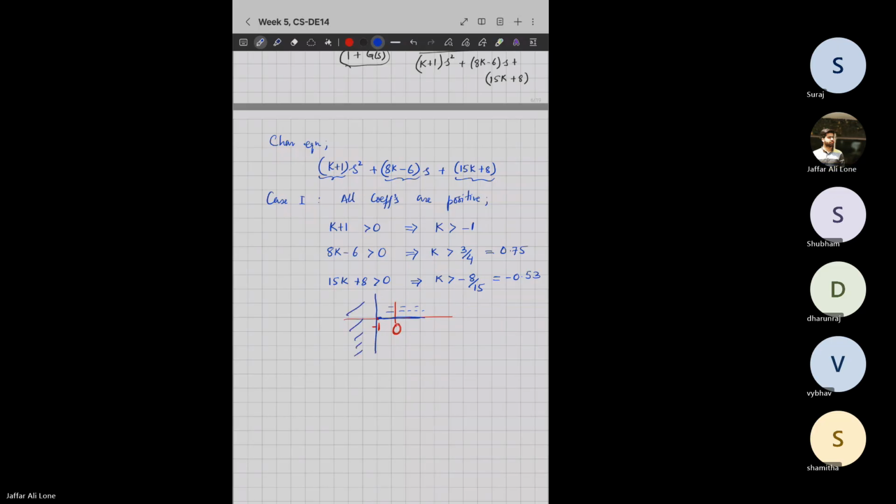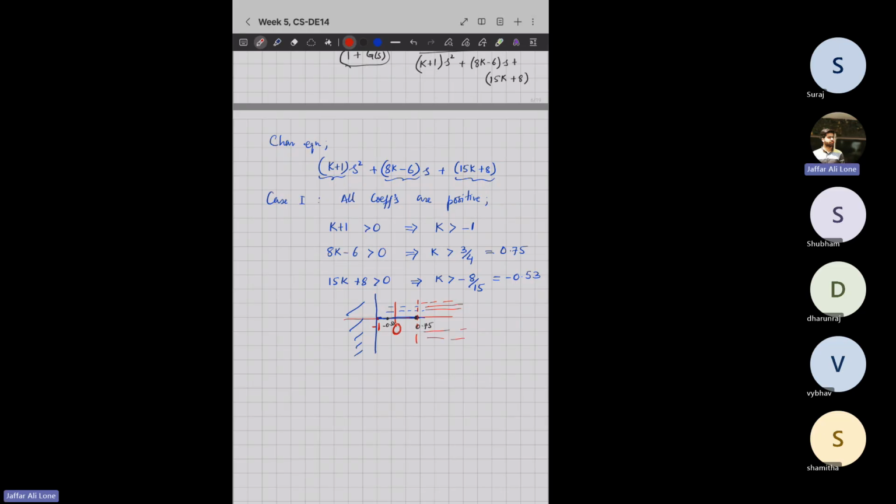Then my second condition says K should be greater than 0.75. There is one more point, minus 0.53, which says K should be greater than this.